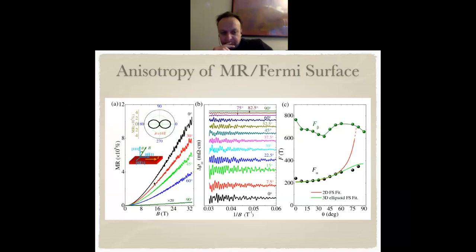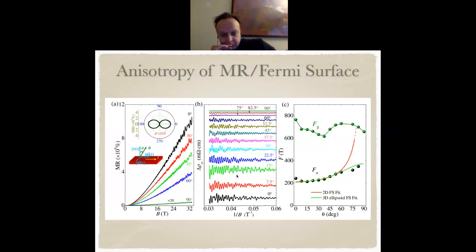You can see that the oscillations are still there, although they have decreased in amplitude quite a bit. This is actually a polar plot. So they went 360 degrees with this angle while taking resistance measurements. And it's got a twofold rotation symmetric pattern.